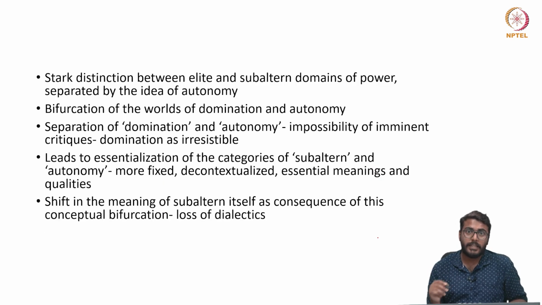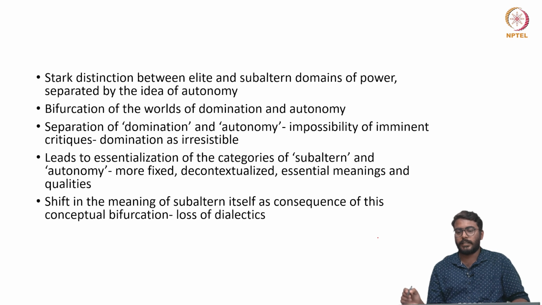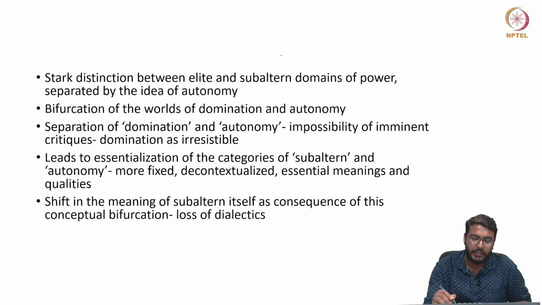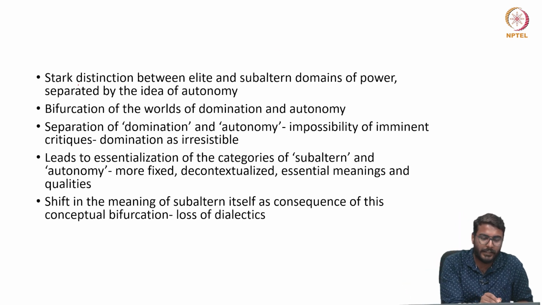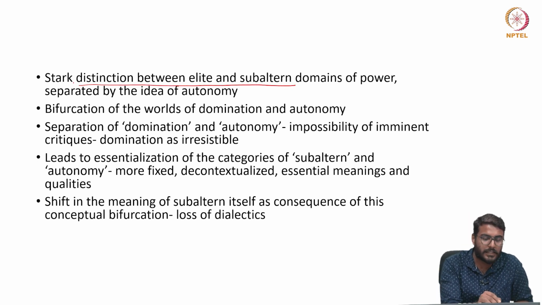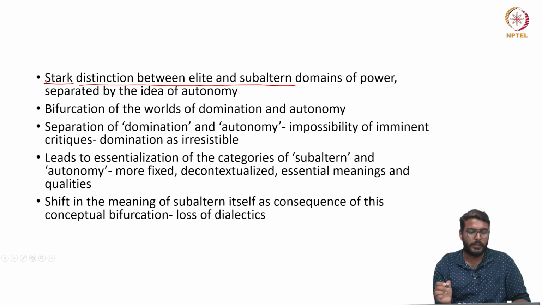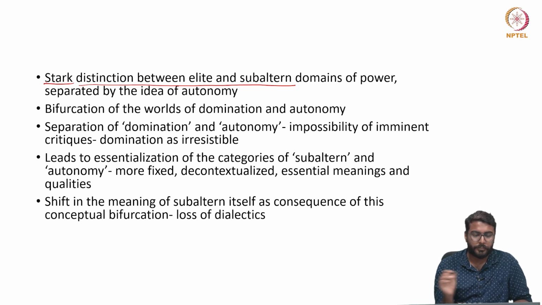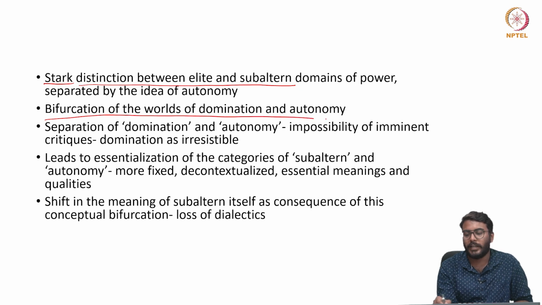But then he says eventually what happened with Subaltern Studies is that this distinction between elite and subaltern became essentialized and a stark distinction emerged between them. Then what he calls a bifurcation of the worlds of domination and autonomy.